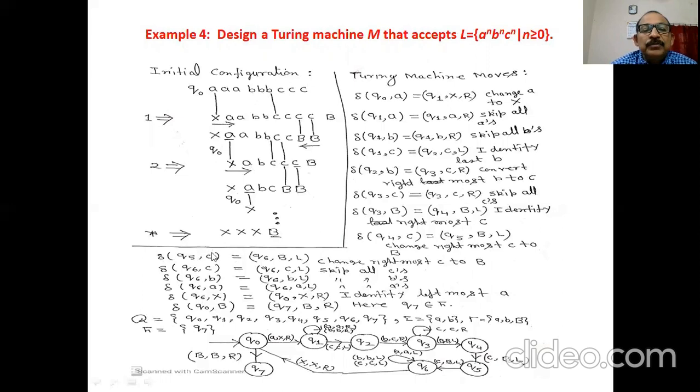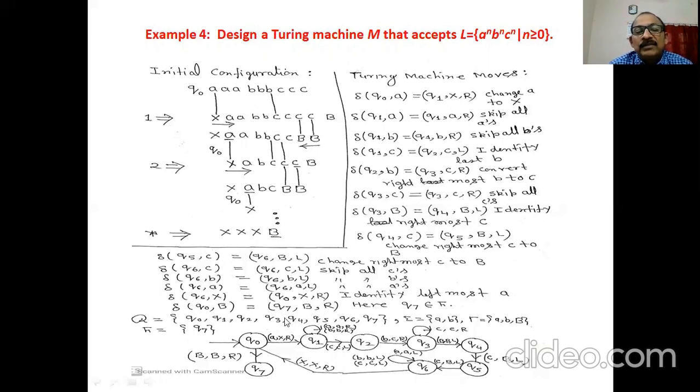When the input string becomes empty, at this place the machine is always in the state Q0, the initial state. If input B is encountered, machine goes to the state Q7, replaces this B by B and moves in the right direction.